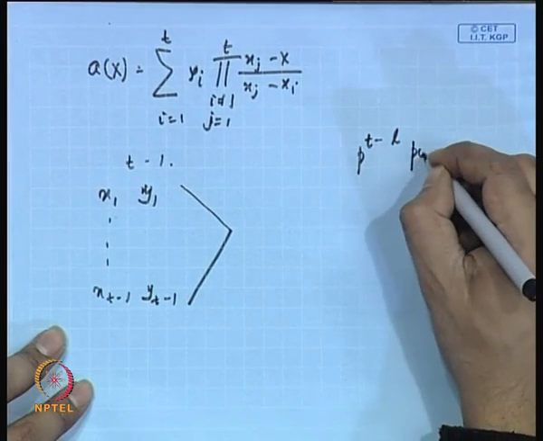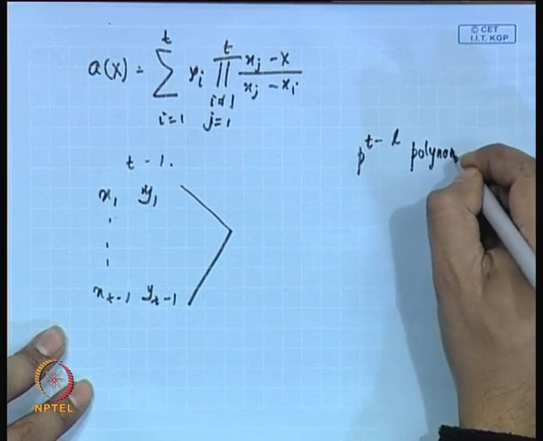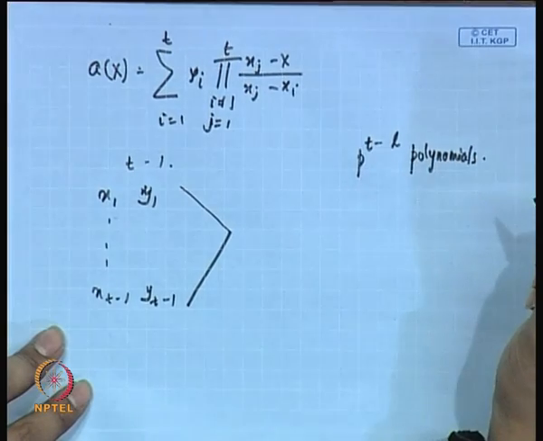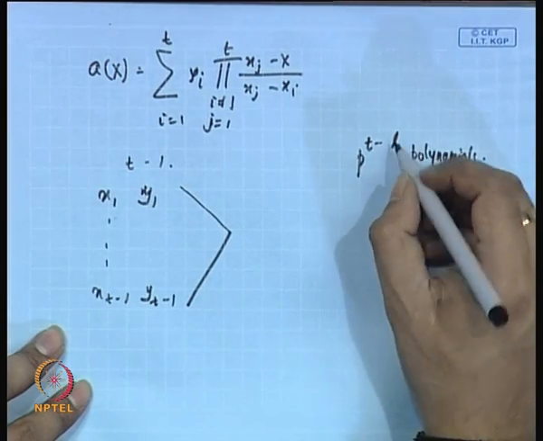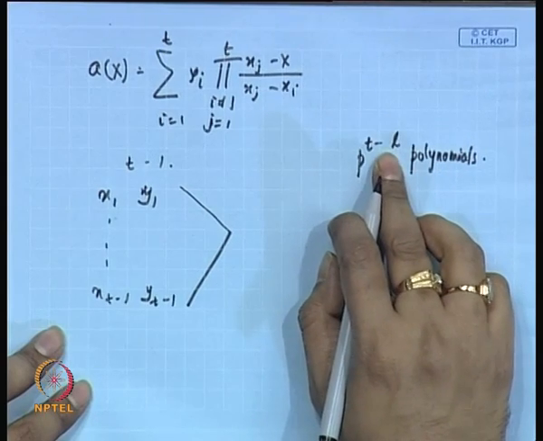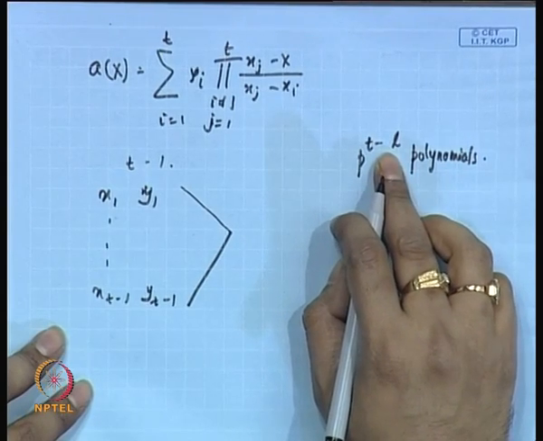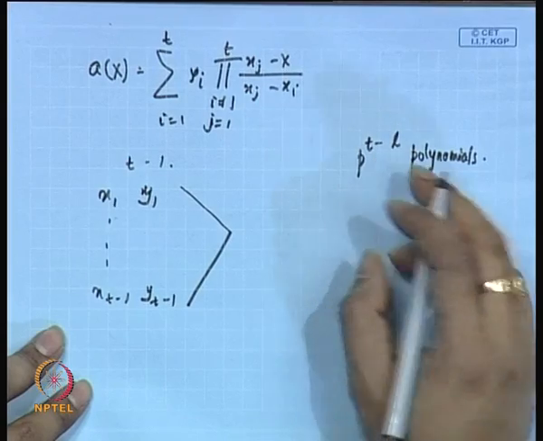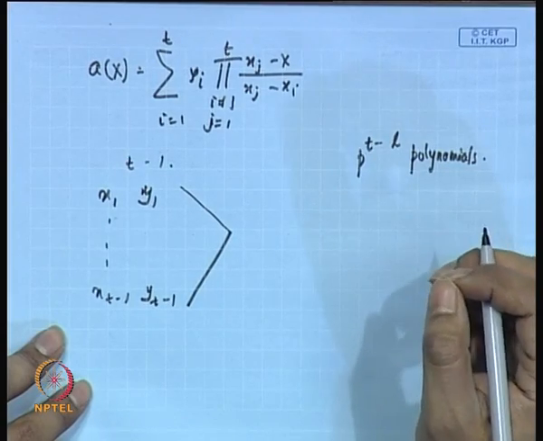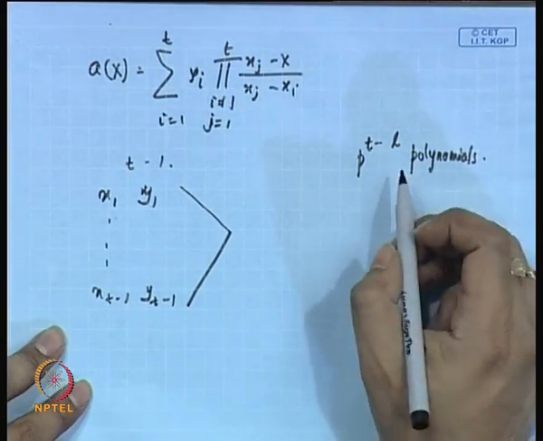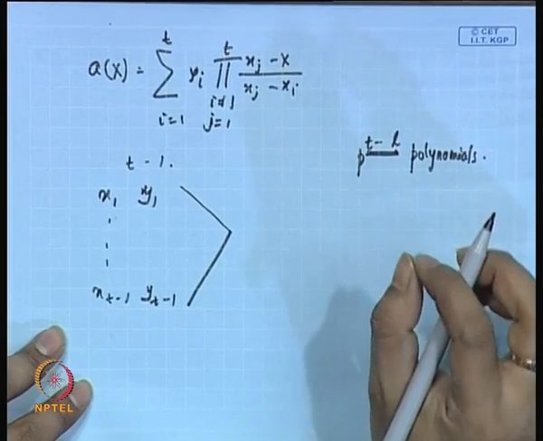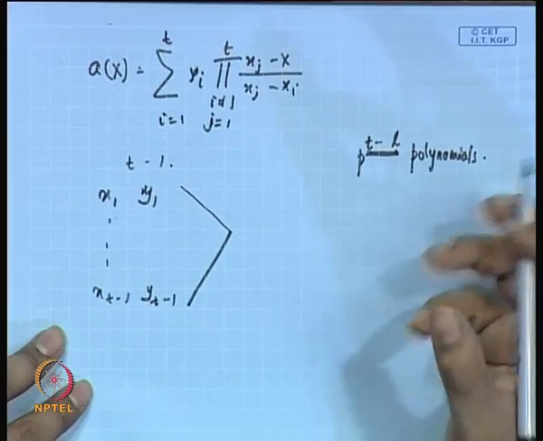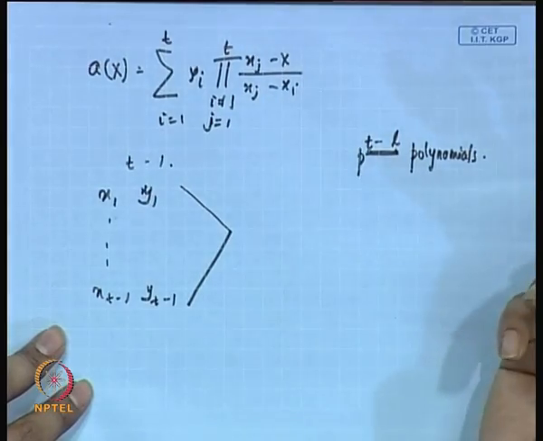So, there were p to the power t minus L polynomials which were possible, right. So, therefore, if you have this L to be equal to t minus 1, or if this value is lesser than this, that is what is said to be equal to L, then there is more ambiguity because there are a larger number of polynomials which are possible, okay.